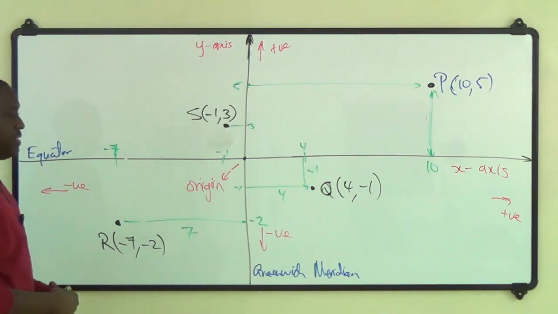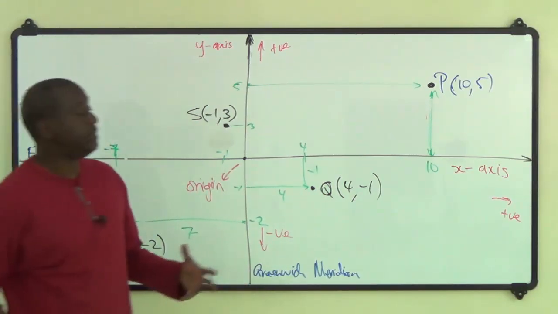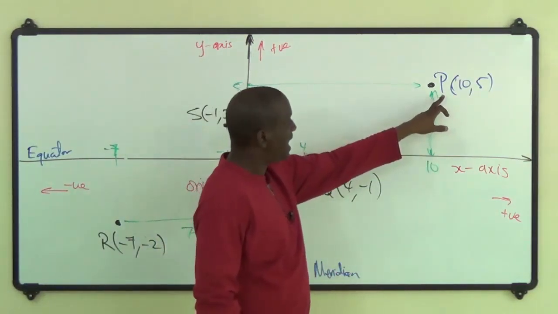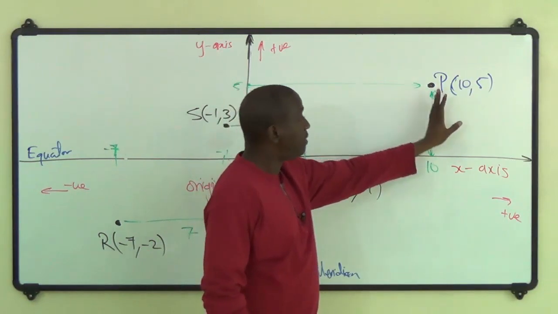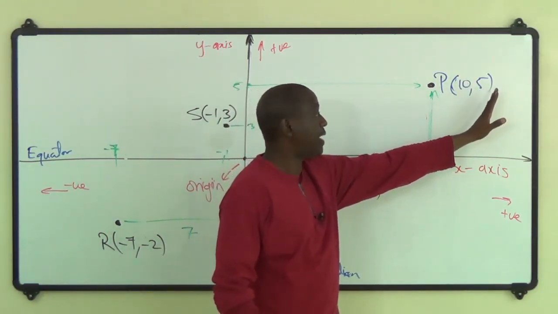I'm doing all of this so that you can see exactly how it is done and how I write it out. Notice that in every case I put a capital letter followed by the coordinates in brackets: the x coordinate first, then the y coordinate.